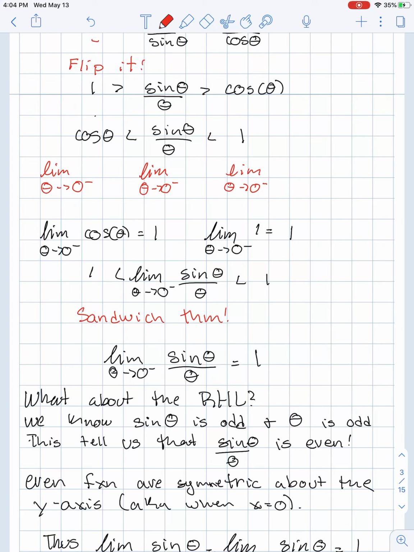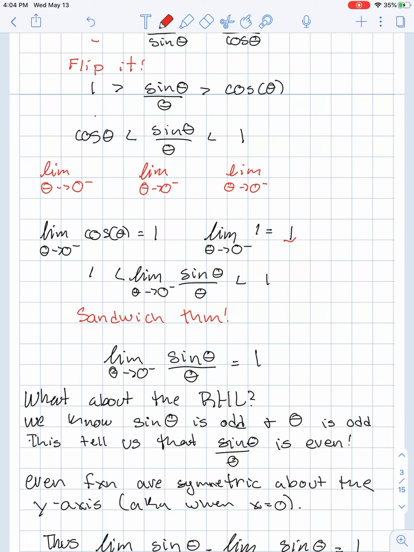So I know that the left-hand limit of cosine of theta, that's just 1, because I can just plug in 0. The limit exists as theta goes to 0, so the left-hand limit is going to equal that, and that's how we get 1. We also know that a constant, its limit is just going to go to itself.